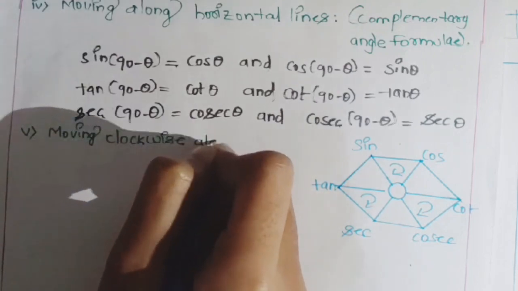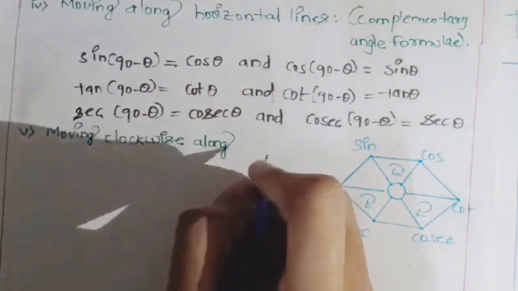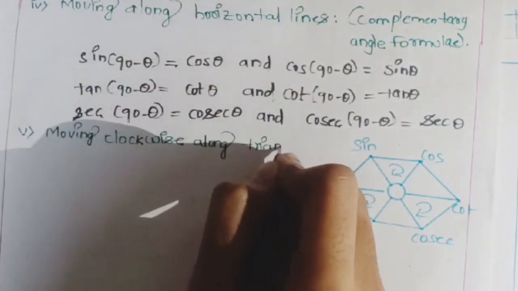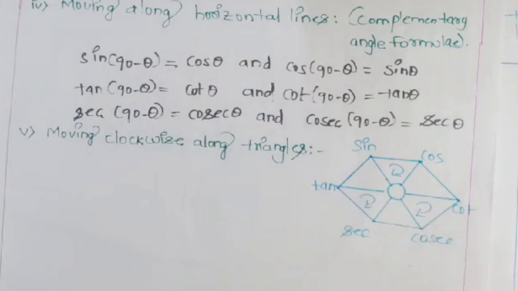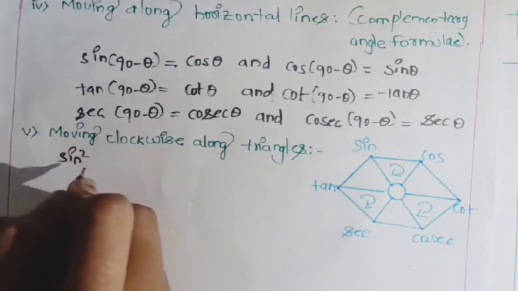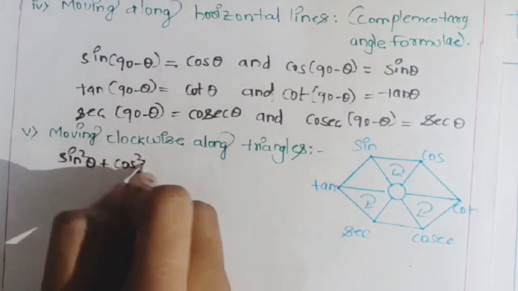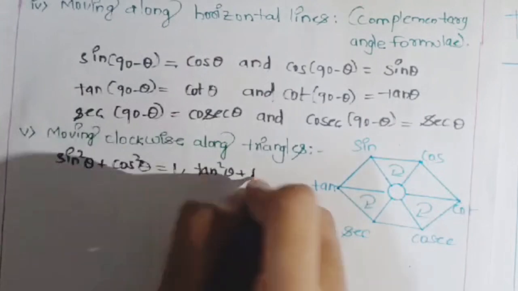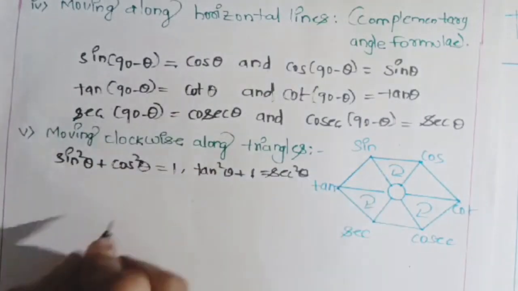Similarly, tan square theta plus 1 is equal to secant square theta, and so on. Okay, there will be a separate note to remember.